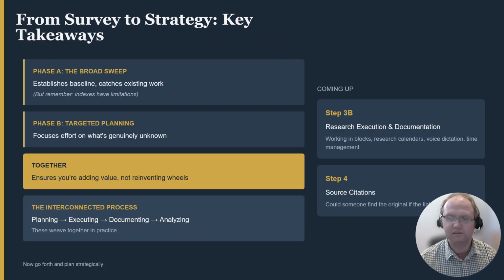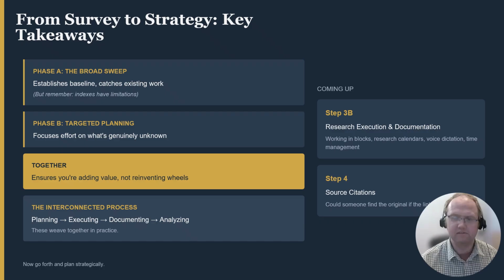And sometimes your research may entirely blow everything out of the water and completely change your preliminary assumptions. You select your sources strategically, and you also should prioritize. Your priorities should account for constraints. Together, you have added value and not reinvented wheels.